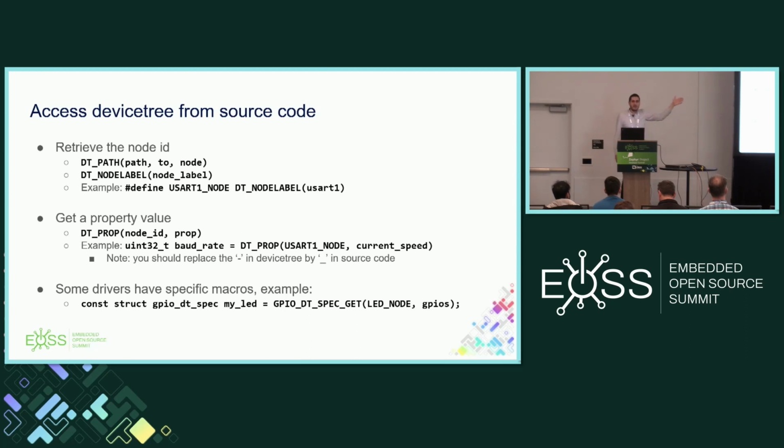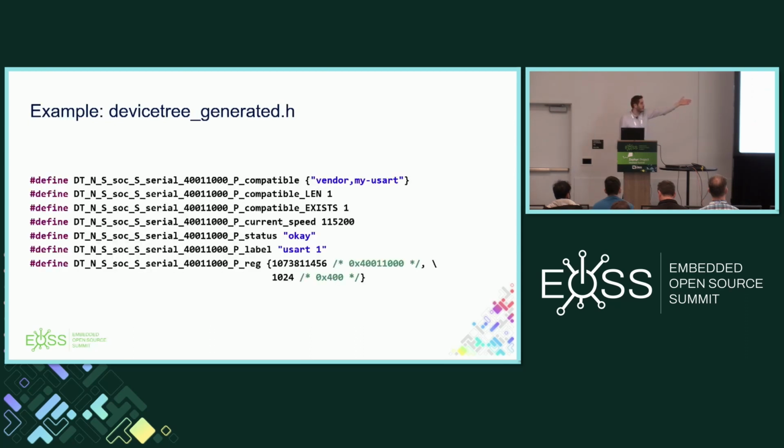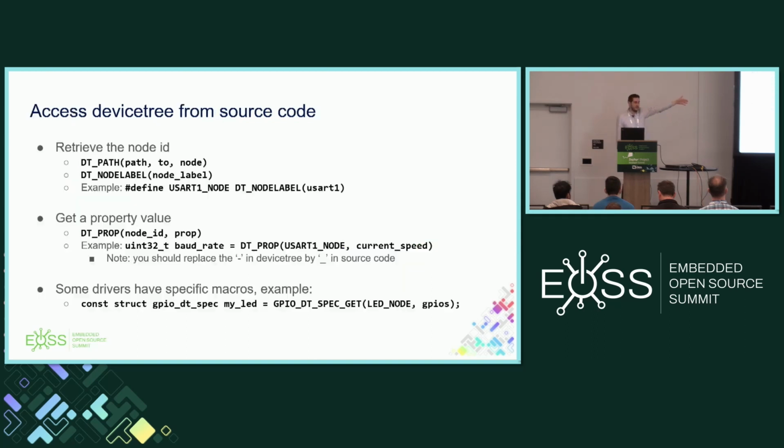In this case, it's just going to reconstruct the define for you and retrieve the value using these different macros. So if I define useart1 node as DT_NODELABEL(useart1), I can retrieve the node. Then on this node, I want to get the property: DT_PROP(useart1_node, current_speed), so I'm going to get the value of this baud rate.